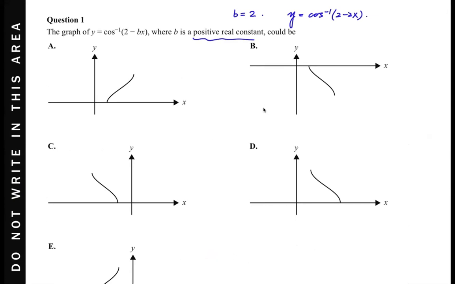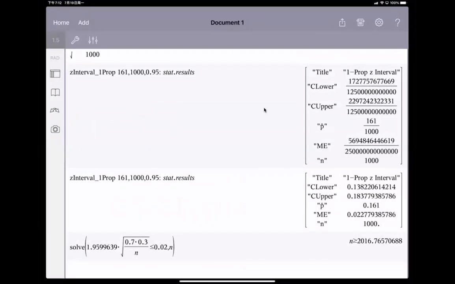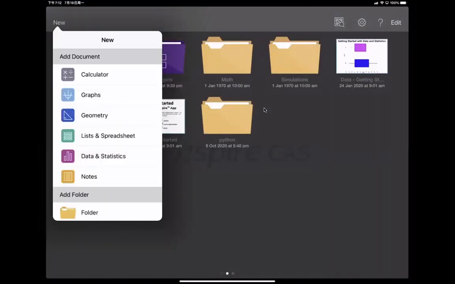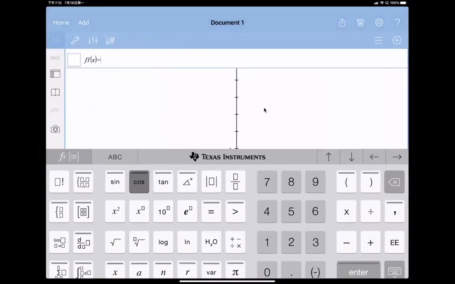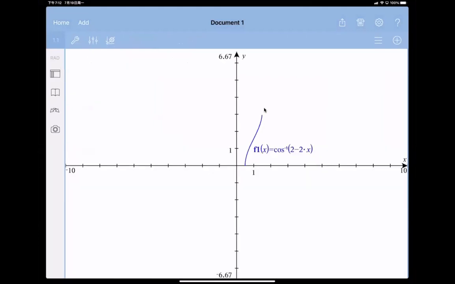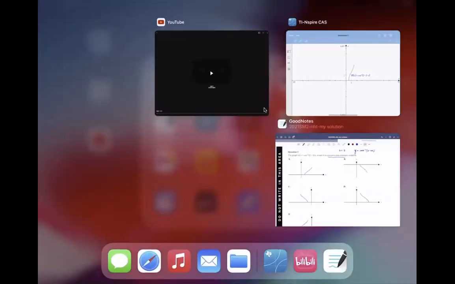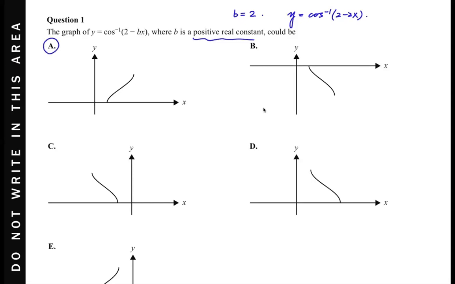Cosine inverse 2 minus 2x. Let's start with a fresh, brand new page. Graph. Cosine inverse 2 minus 2x. Okay, so this looks like option A. Easy.